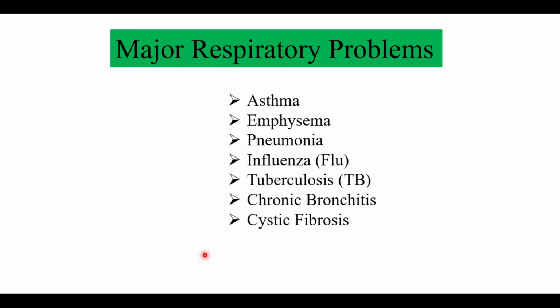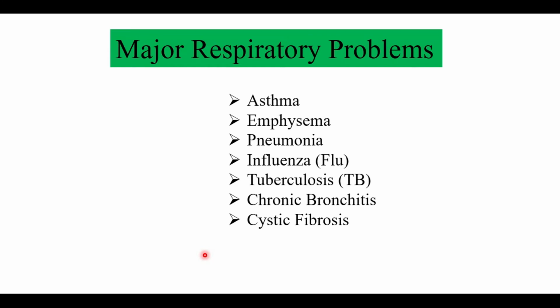Another very important respiratory problem is emphysema. The others are pneumonia, influenza, tuberculosis, commonly present in our population, chronic bronchitis, and cystic fibrosis. Cystic fibrosis, this disease is caused by a problem in genes and gets worse over time if not cured timely.